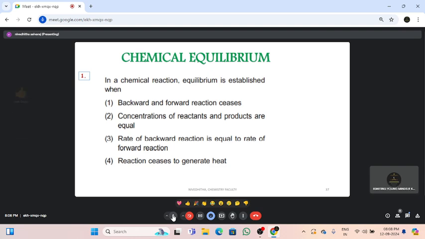Yes, Ritesh, what is your answer? Option 3, rate of backward reaction equal to forward reaction. Okay, fine. This is right, but my actual question is I'm going to write three systems and I want you guys to tell the difference, okay?